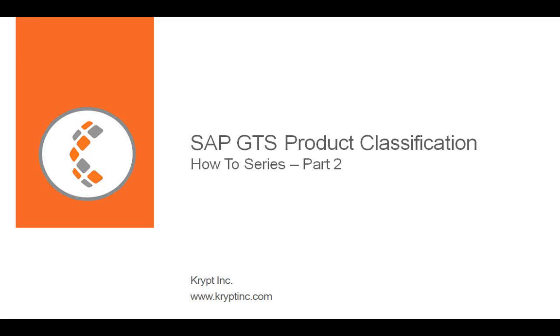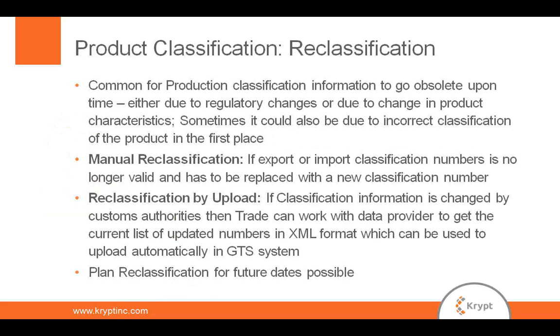So this time I'm going to focus on reclassification, one of the very handy functionalities in GTS. So why do we need to reclassify products? That could be a basic question.